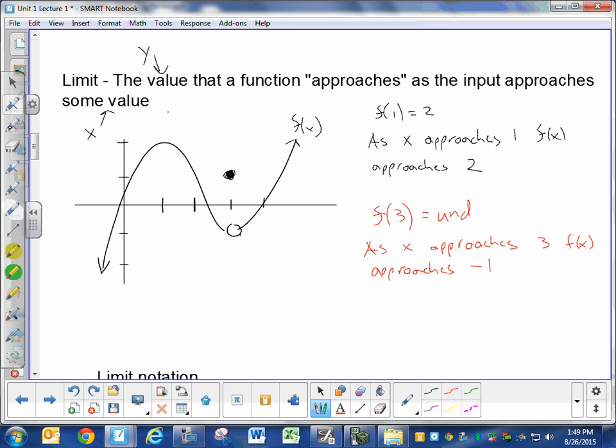If that was occurring here, the only thing that would change is instead of f of 3 being undefined, we would say f of 3 is just the function value that's defined above it at 1. However, the statement below that is still true. Even though we now have a function value, f of 3 is equal to 1, as x is approaching 3, my function values are approaching -1 down here.